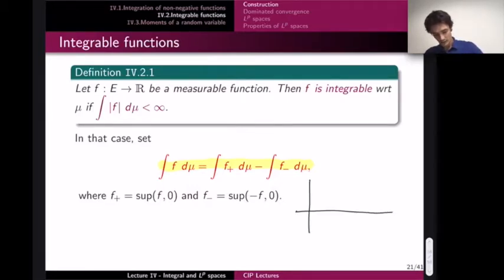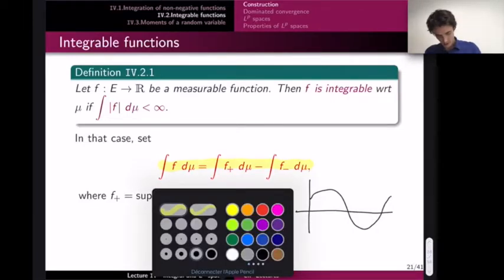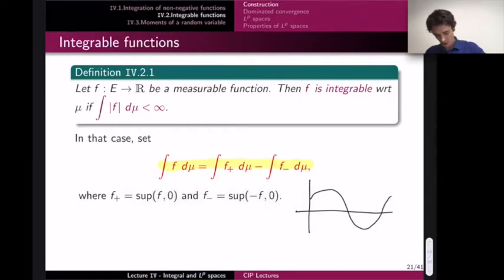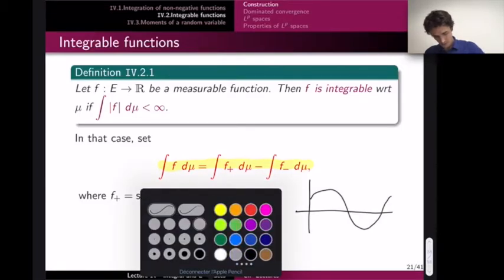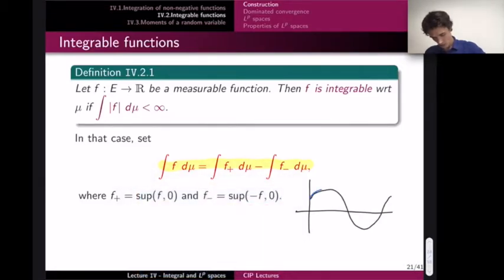So let's say f is a function. Okay, let's make an easy picture like this. And f plus here would be this function in blue. So it's equal to f when f is non-negative.